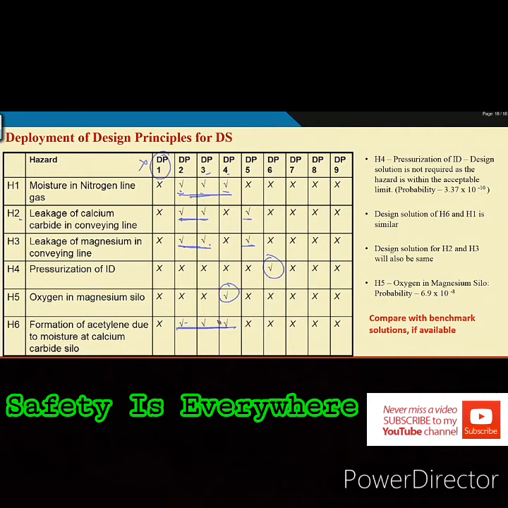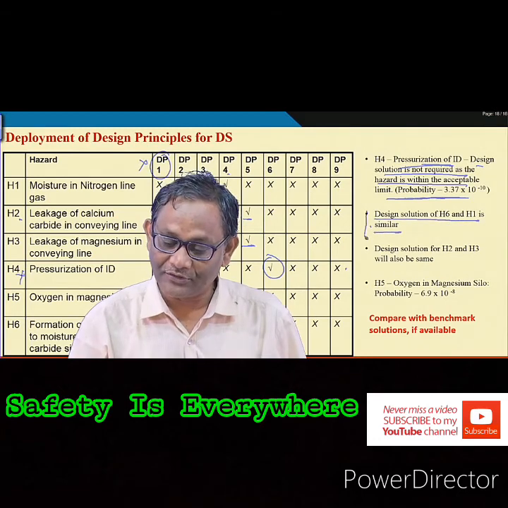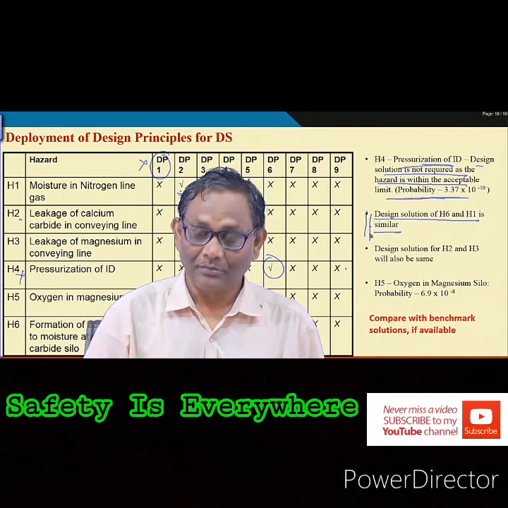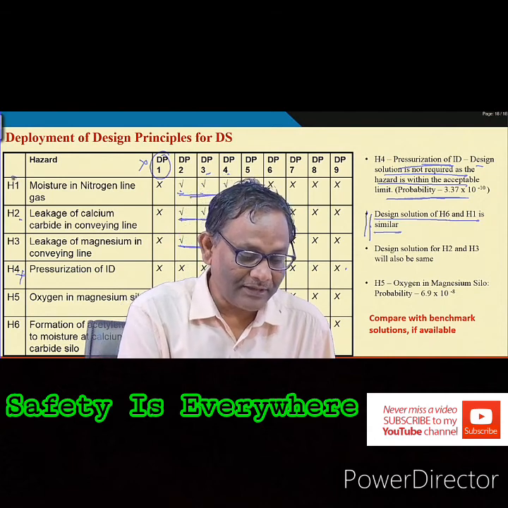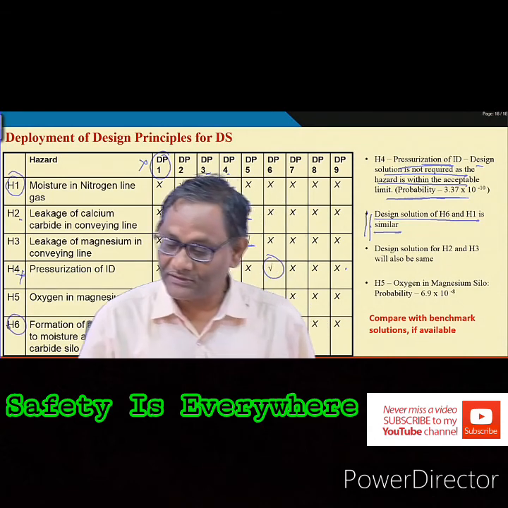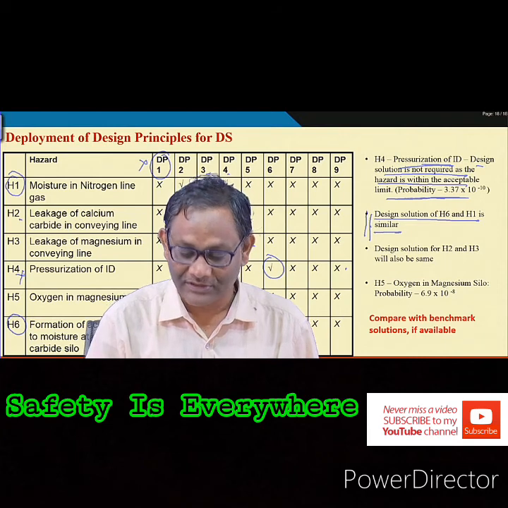The team also found that a design solution for pressurization is not required, as the probability is very low, within the acceptable limit. Nothing is required for this. Then the design solutions for H6 and H1 are similar. Based on your expert knowledge, you found that for these two hazards the solutions are similar.